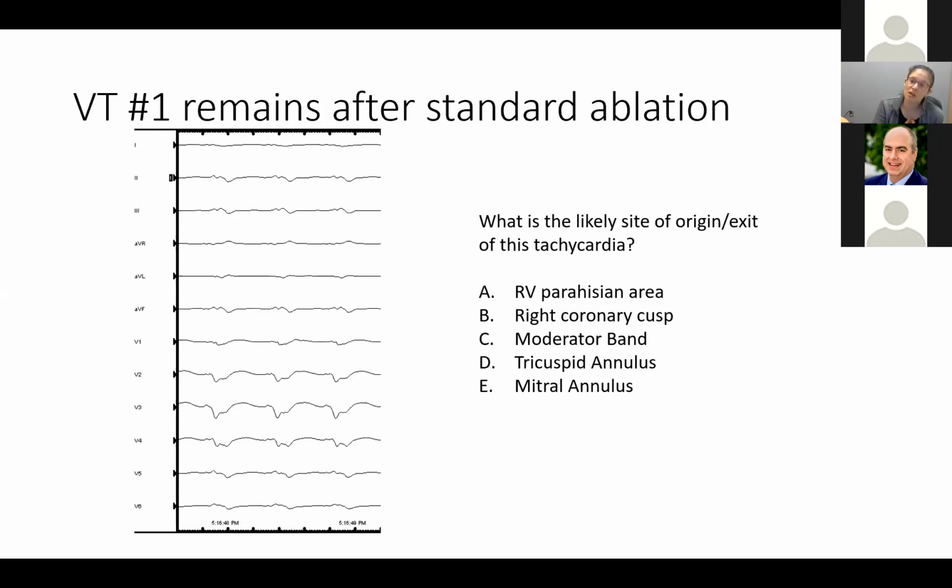And in terms of the number of deployments, I think in our early cases, we did a lot of deployments because we didn't really understand where to go, to be honest with you, for a lot of these VTs. We did our first case in 2016. And I think as the imaging, with CT in particular, has taken a huge leap forward recently, we're using a lot more imaging as an adjunct to help us know where to go.